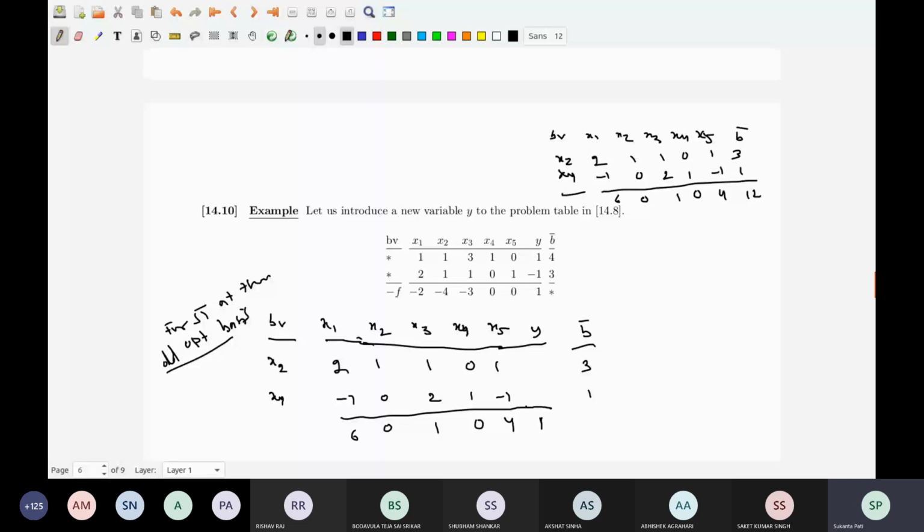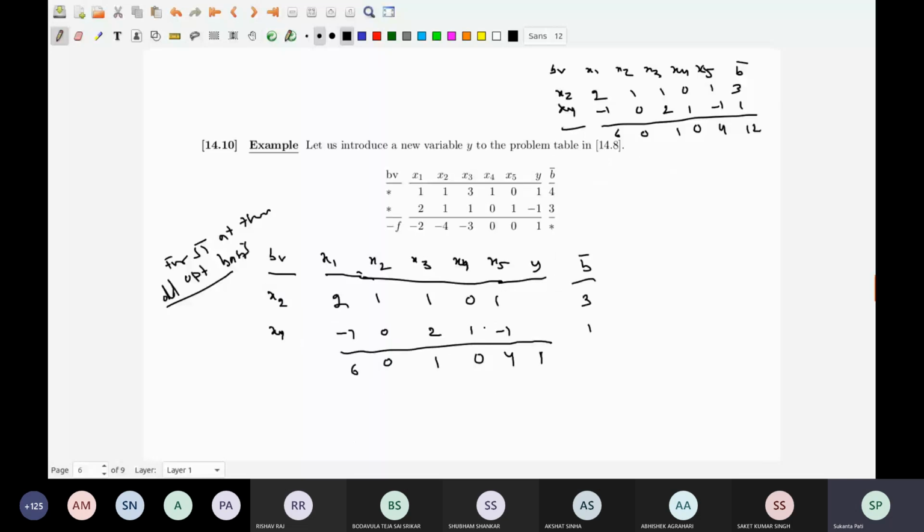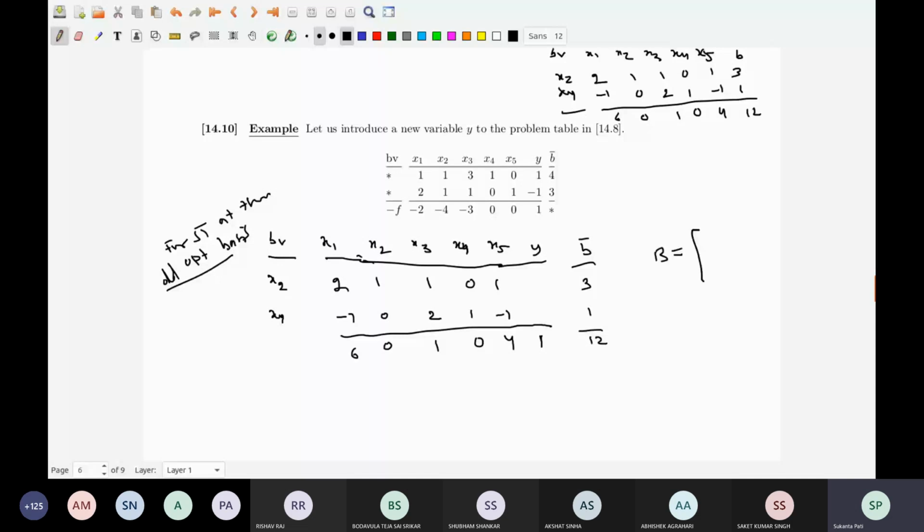Now what was your B? B was x2, x4. So the basis matrix was B: for x2 it was 1 1, for x4 it is 1 0. Then what is B inverse? You compute.